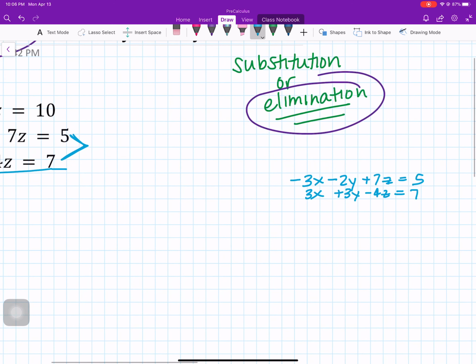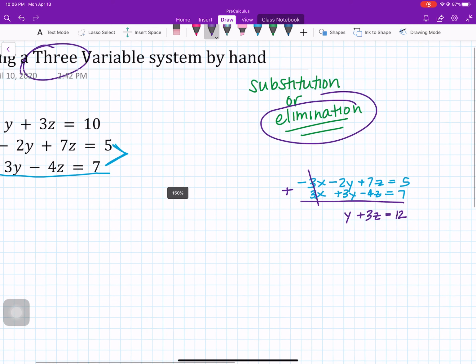If I add them together, the x's will cancel out, and then I will be left with negative 2y plus 3y, which is just y. Then I have 7z minus 4z, which makes 3z. And then 5 plus 7, which is 12. So that was pretty simple. I didn't have to do much thinking.